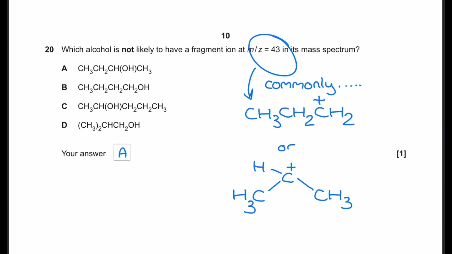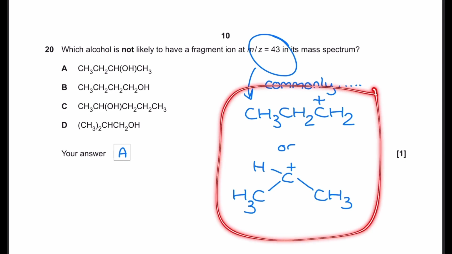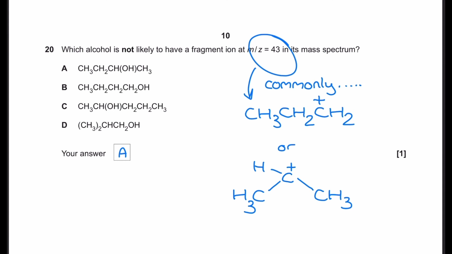Which alcohol is not likely to have a fragment ion at mass to charge ratio 43 in its mass spectrum is our final question 20 in this multiple choice series. Now, a mass to charge ratio of 43 is normally because of one of two different fragments, these. So they are 3 carbon chains, and you've got a positive charge, because obviously a mass to charge ratio and the fact that it is a fragment ion, it needs to have that positive charge.